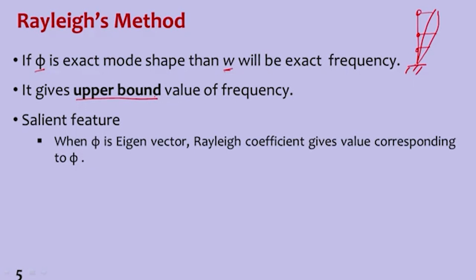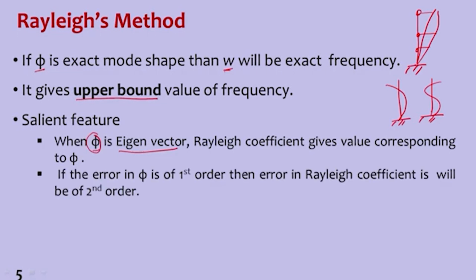The salient features of this are, when phi is an eigenvector, Rayleigh's coefficient gives the value corresponding to that phi. We can assume this as a first mode, or as a second mode, or as a third mode. Any mode shape we assume as phi, we will get the corresponding natural frequency.